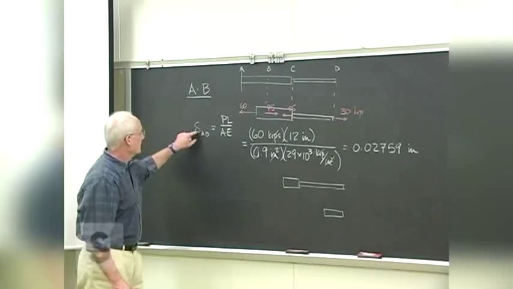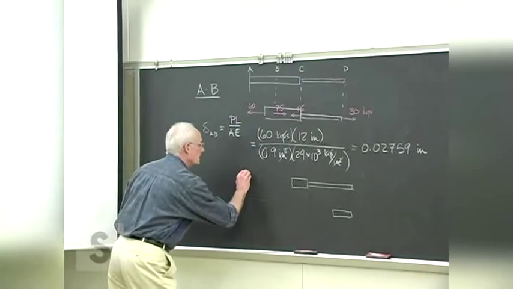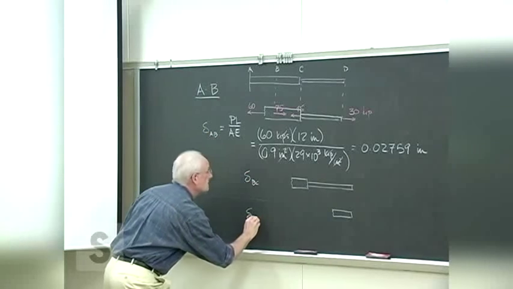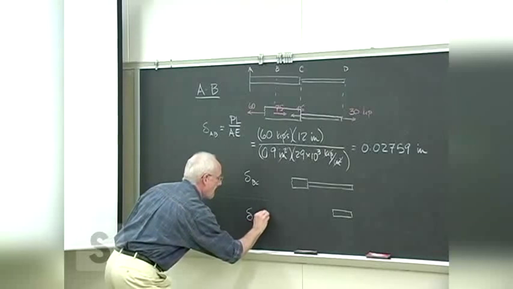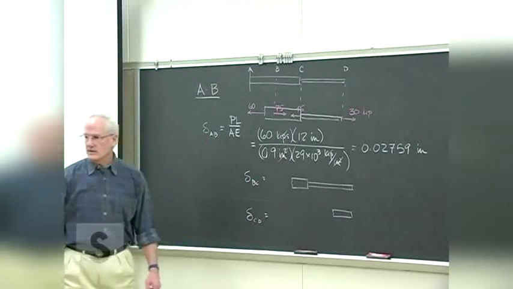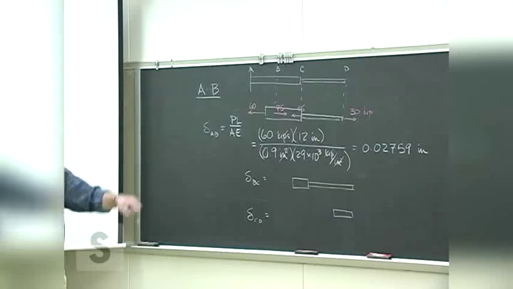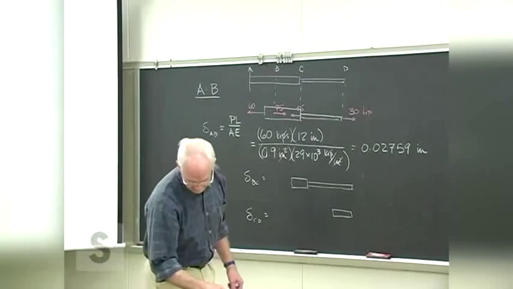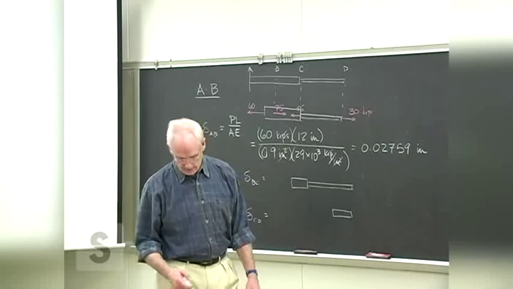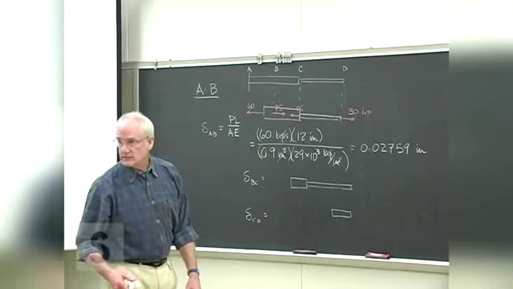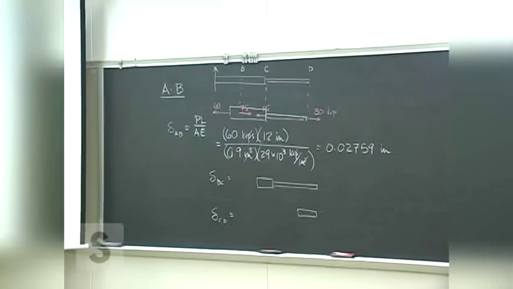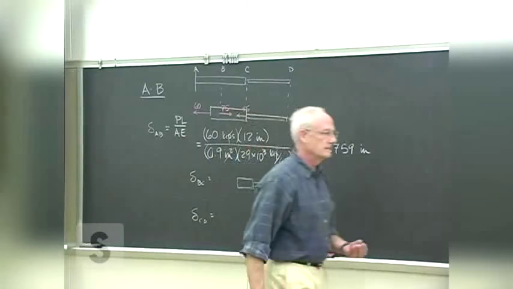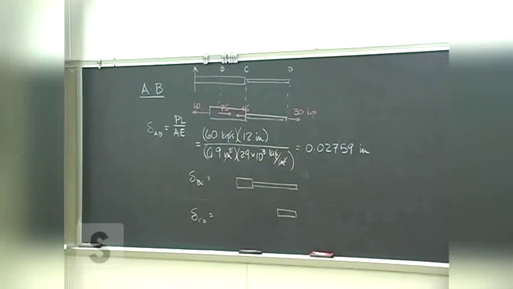So you'll get a change in length of each one of the sections, and then the three of them added up will be the total deformation of the entire piece. All right, we're at the end. So you should be able to calculate one of those. And then we'll talk about that, wrap it up on Friday.